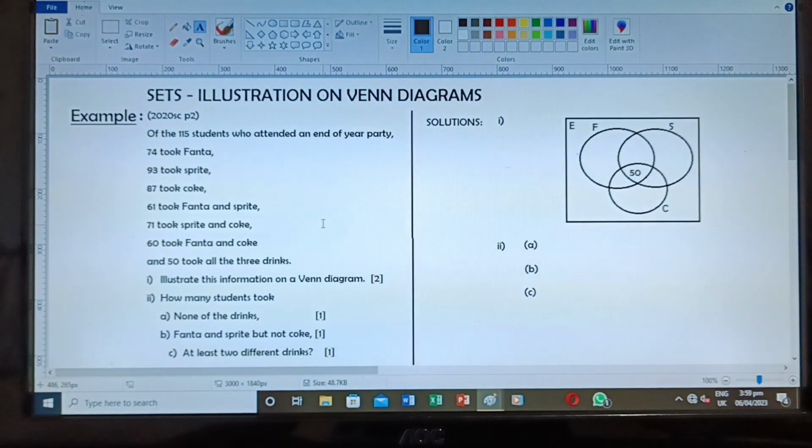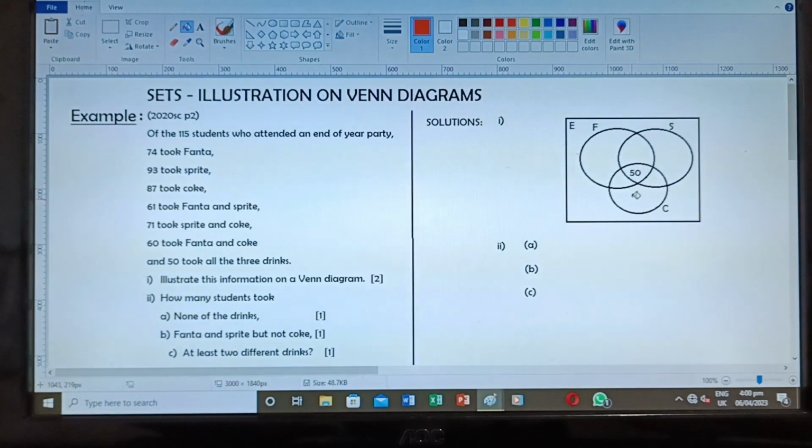Let's continue. From the middle here, we need to look at those that took 2 drinks. For example, we are told 60 took Fanta and Coke. So the region for Fanta and Coke, we must be careful here. This statement is general. It says those who took Fanta and Coke.